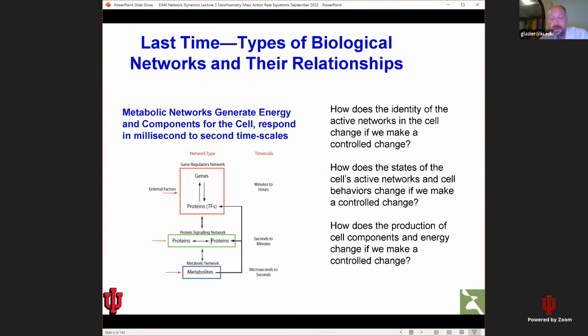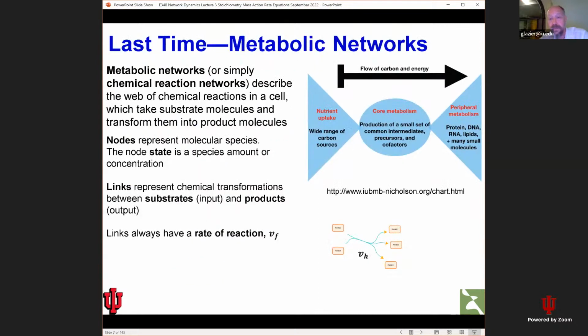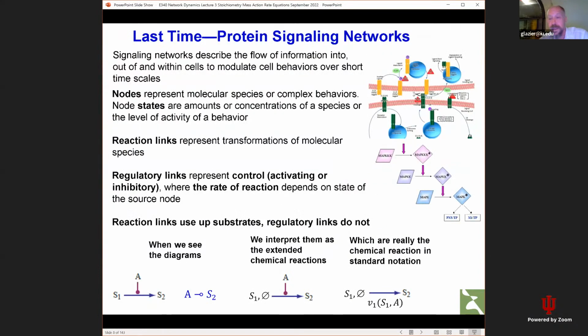We looked at the different main kinds of biological network and how they related, the idea of their interacting and their different timescales. We did a little bit about the questions that one asks and the notation that are used to represent different kinds of networks, metabolic networks, chemical reactions, signaling networks, and the flow of information within cells from the outside of a cell to the inside of a cell.